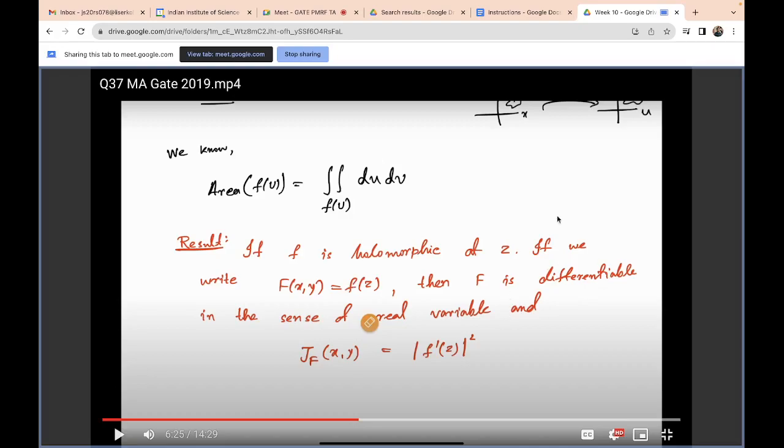Now you can show that if f is a holomorphic function, then f is differentiable in the sense of real variables, meaning it's a differentiable function on R2. Then the Jacobian determinant is related to mod f dash z whole square.